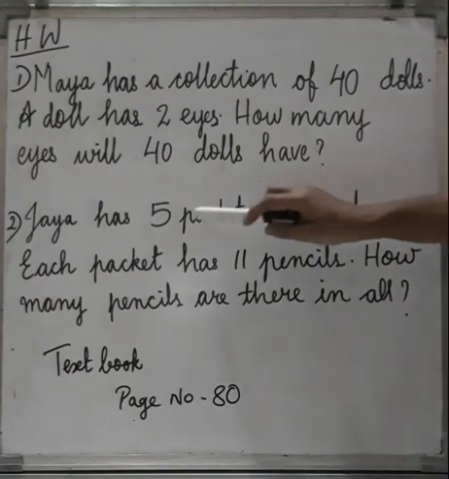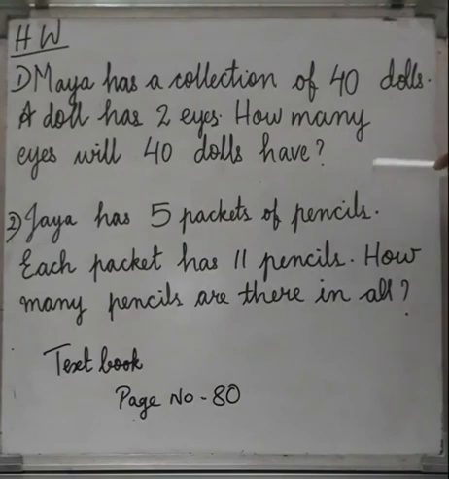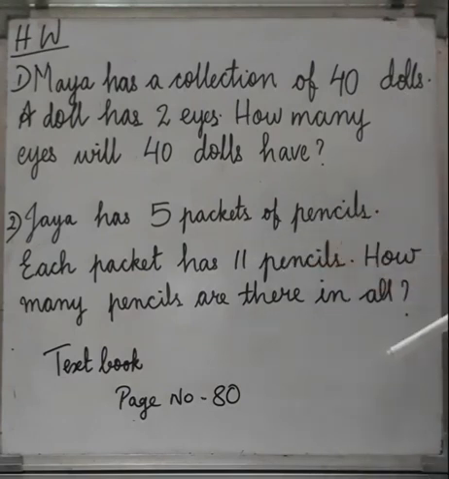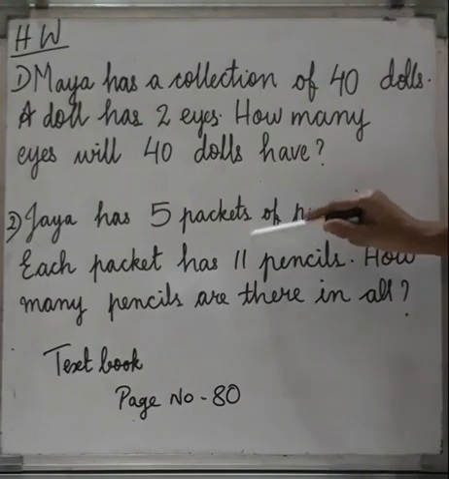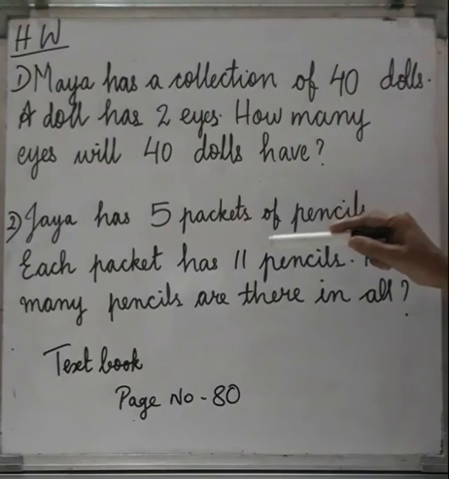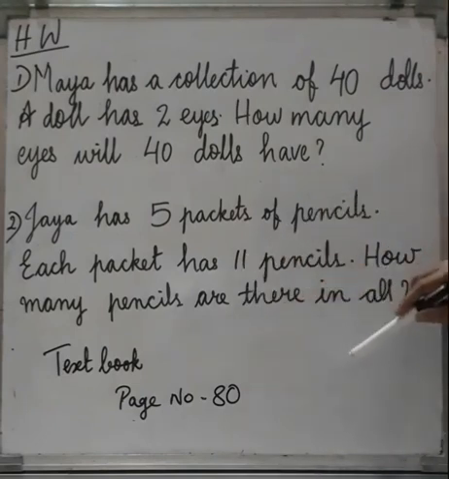She has 5 packets of pencils and each packet contains 11 pencils. To find out the number of pencils, you have to multiply 11 with 5. Here also you must write the steps, show the calculation, then write the answer.